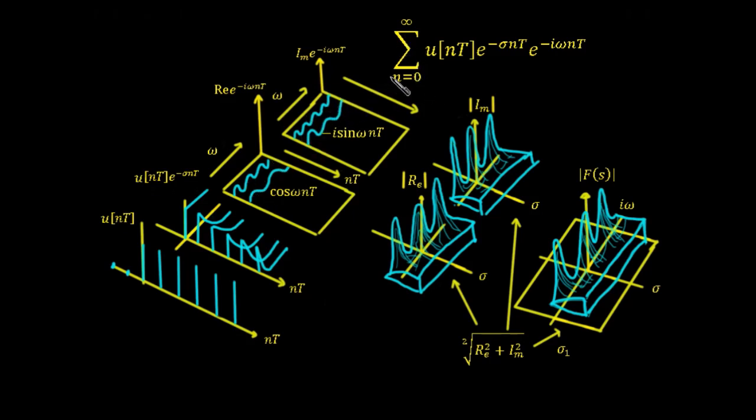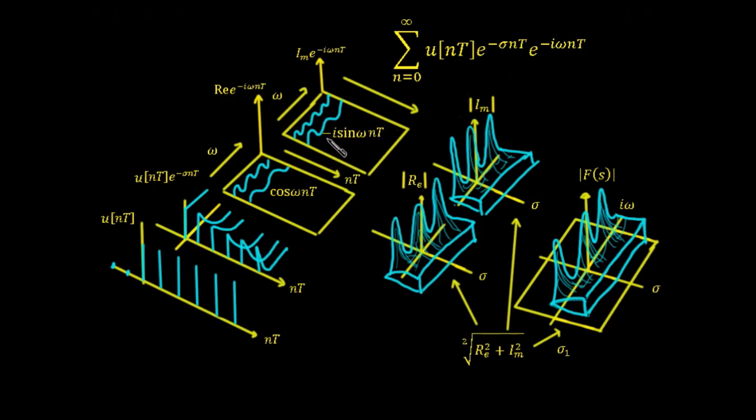So we're summing from n equals 0, so this is 0, 1, 2, 3, 4, 5. So we're summing these components up, and we're multiplying the function u of nT with e to the minus sigma nT, and we're multiplying these by the two surfaces. So the two surfaces together are going to give us our e to the minus i omega nT.